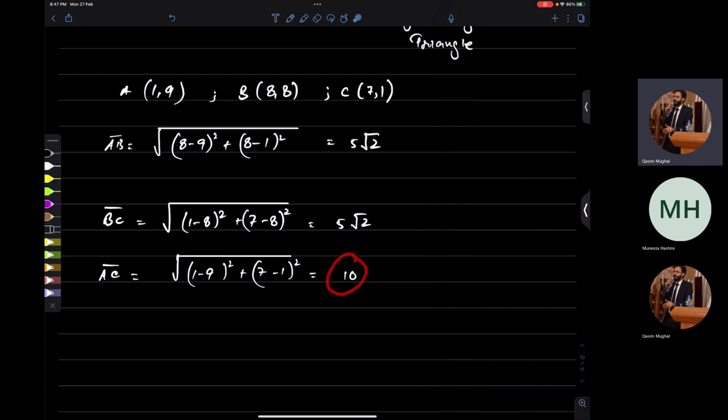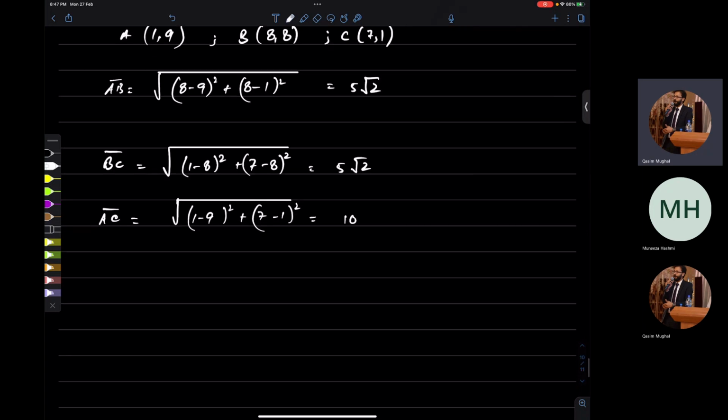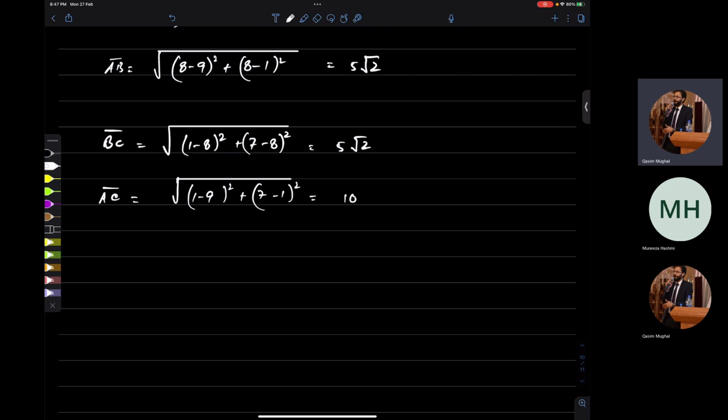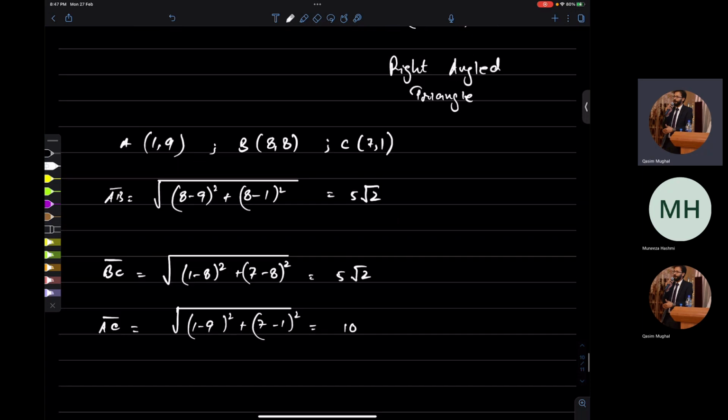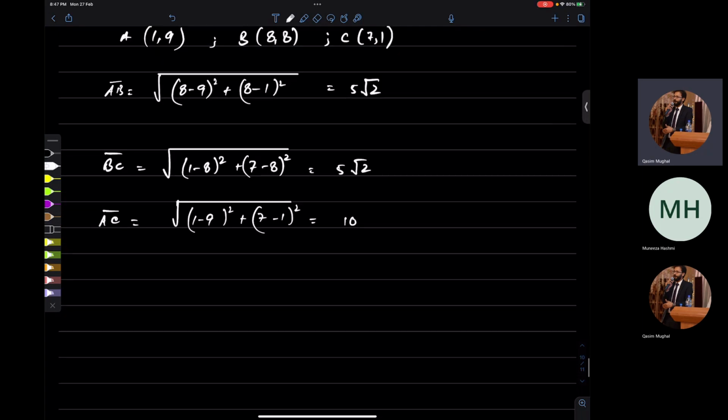If you recall, 5 root 2 was giving me the decimal value of 7.07. So basically, AC is the longest of all the three sides. So let's see if we can satisfy the Pythagoras theorem and prove that these three coordinates make a right angled triangle. According to the Pythagoras theorem, the hypotenuse squared should be equal to the sum of the squares of the other two sides.